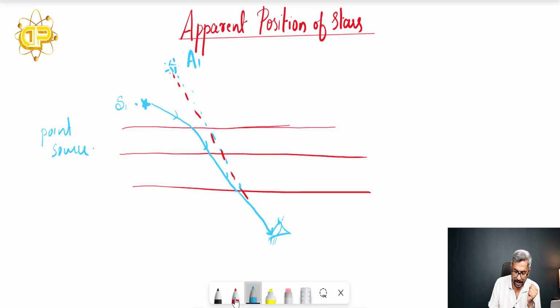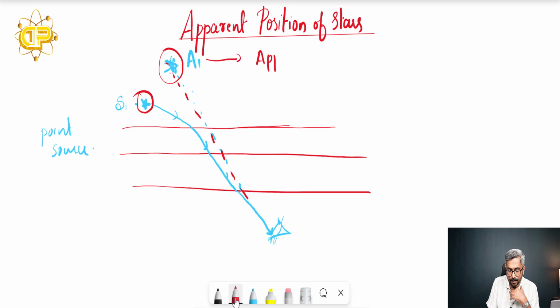The actual position is at S1, but you see the same star at A1. The actual position of the star will be somewhere downside. You will see it at a particular height above the original star. And this is known as the apparent position. Apparent means the visible position, the apparent position of the star.